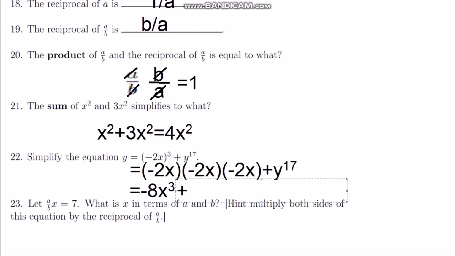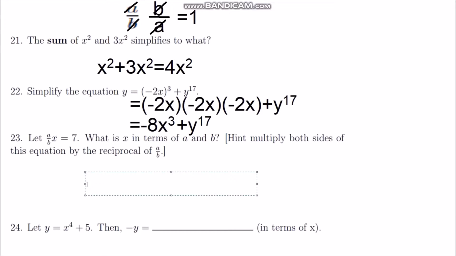And then plus y to the 17th power. The trick to remembering why there is a negative up front is that there are an odd number of negatives. An odd number of negatives means you have a negative out front. If it's an even number of negatives, then it's a positive out front.